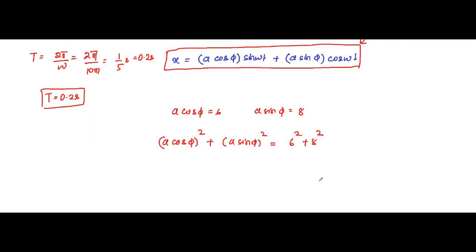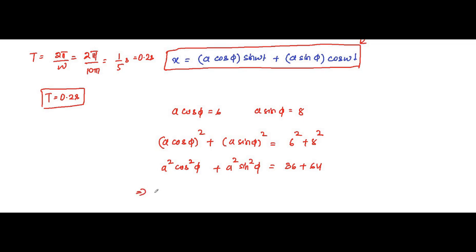So it becomes a square cos square phi plus a square sin square phi is equal to 36 plus 64.